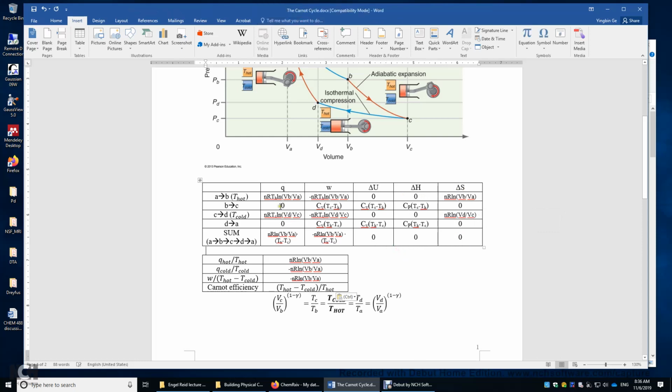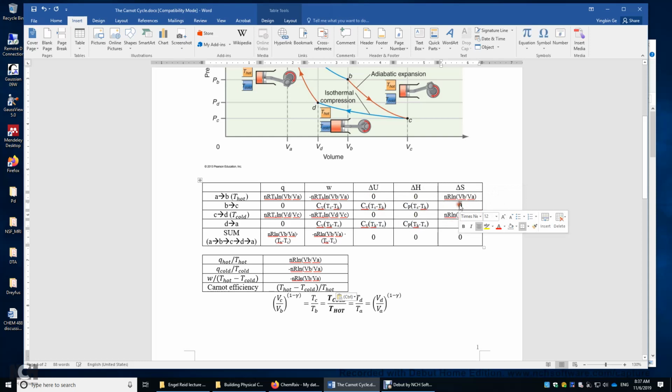And then we know adiabatic processes involve a 0 amount of heat. So we put 0 here. We also know that U and H only depend on temperature for an ideal gas. And there's no temperature change in the isothermal steps. So we have a bunch of zeros here.